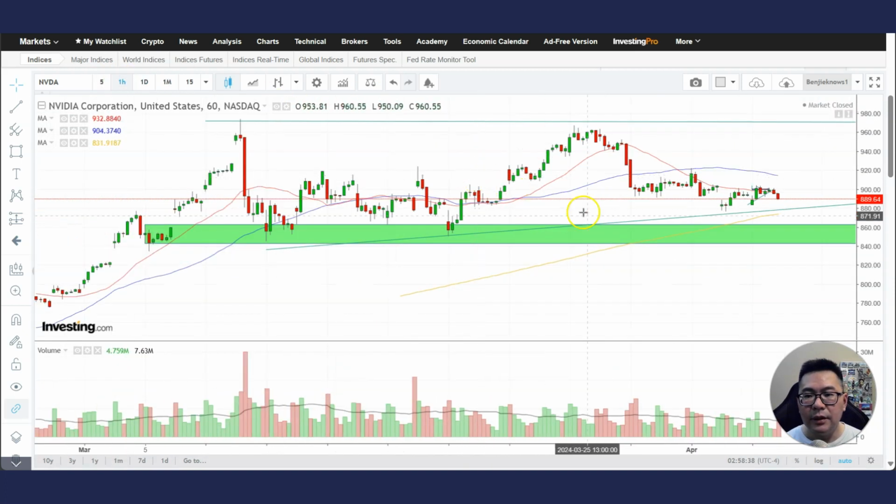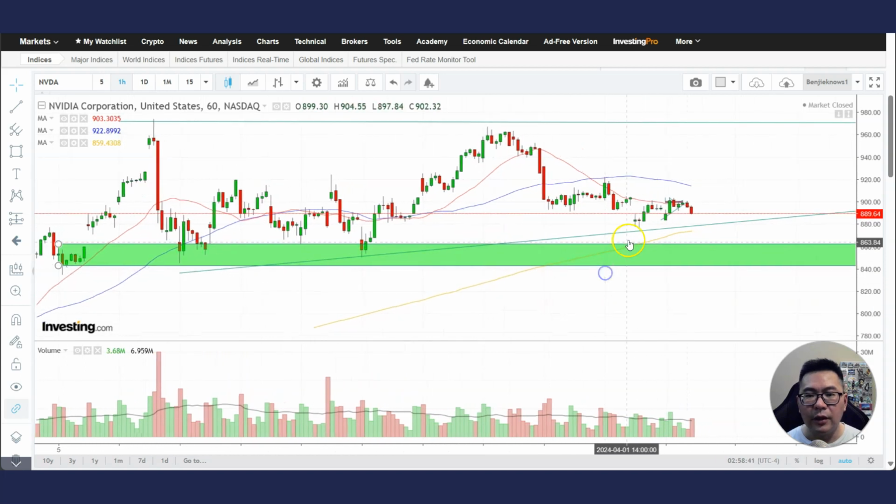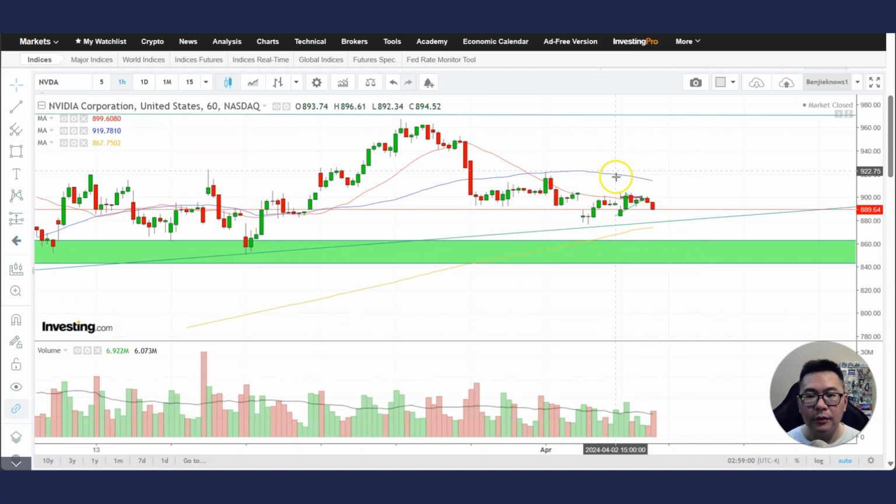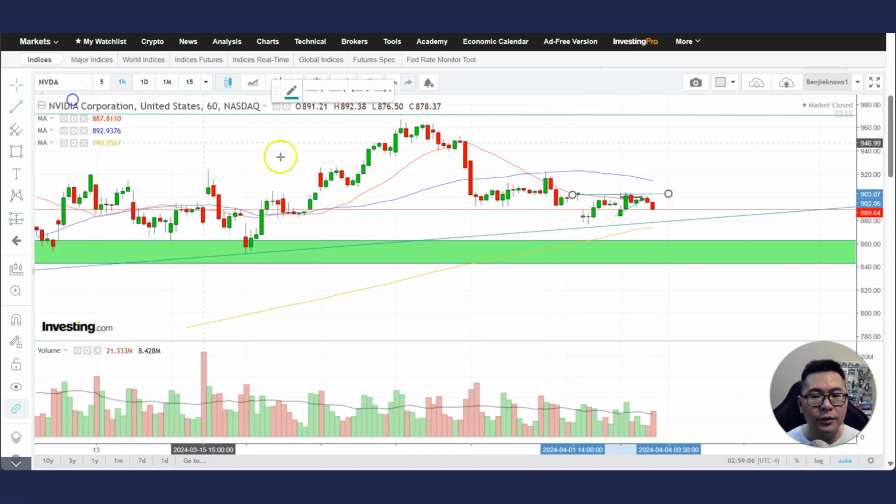So 60-minute chart wise, it is trying to go back above the 20 MA. Usually I do not advise or like to do overnight trades if it's below the 20 MA. So you still have to be a bit patient, right? You could say maybe it might form a small ascending triangle bottom, right?